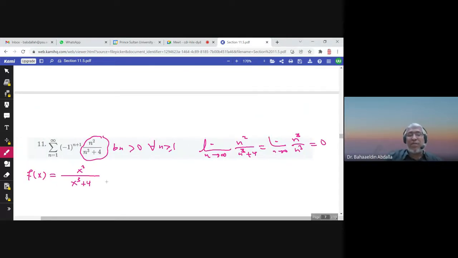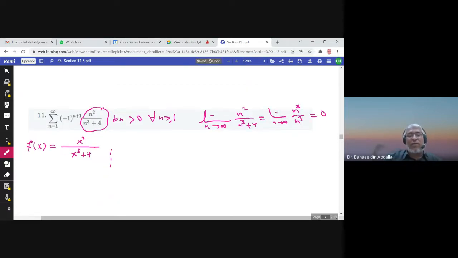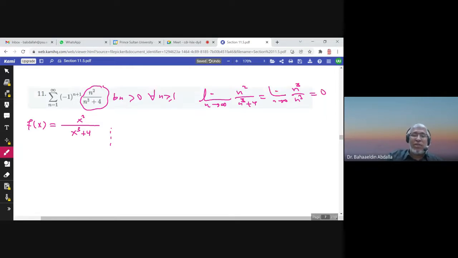It's exactly similar. So please continue the question and prove that it is decreasing for some value of n greater than 1 or maybe 2, maybe something. And then by alternating series test, this series would be convergent.